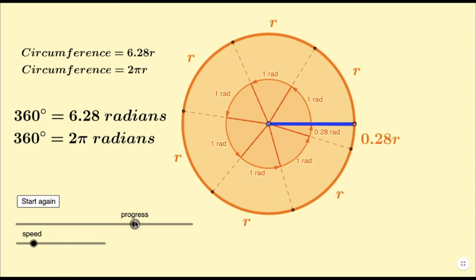And therefore, we are always saying this in our math class, that 360 degrees is equal to 6.28 radians. Or meaning to say, 360 degrees equals 2 pi radians, the measurement of an angle of a complete circle. And that is equal to 6 times and 0.28 of the radius.